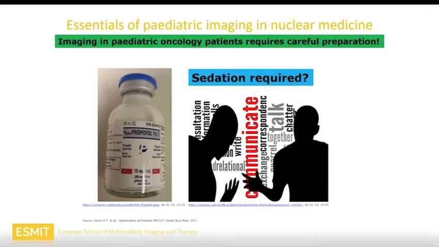And again, the referring clinician is the appropriate person to determine if the child will require sedation or an anesthesia. If sedation or anesthesia is needed, the pediatric anesthetist is to be contacted to arrange a time for evaluation of the child for the procedure.